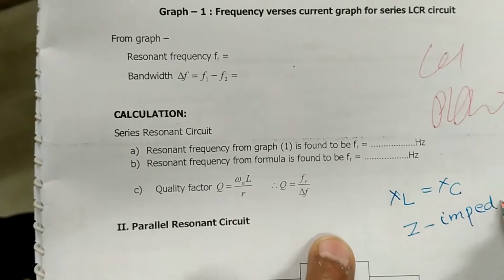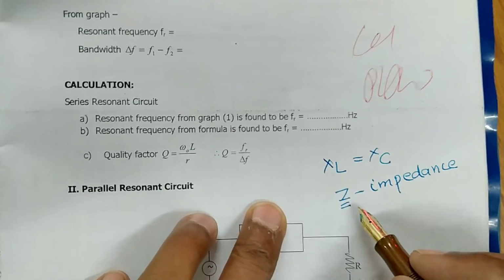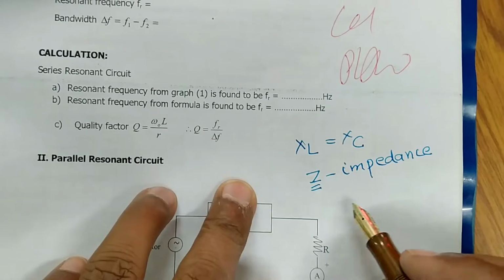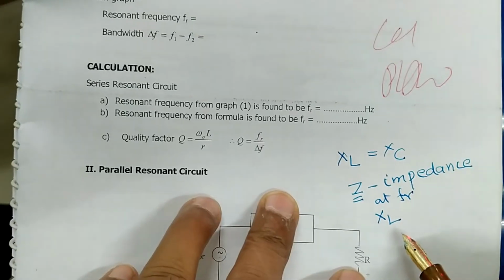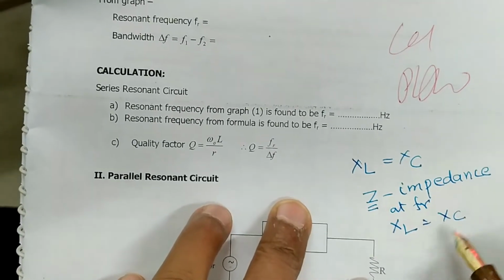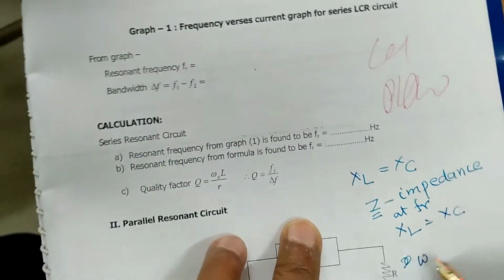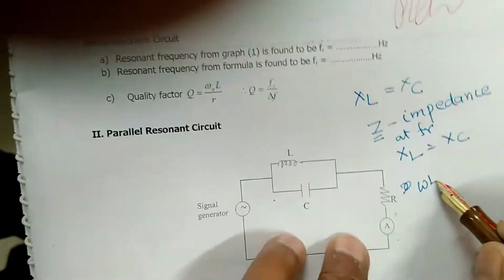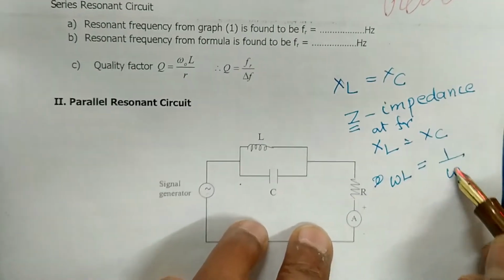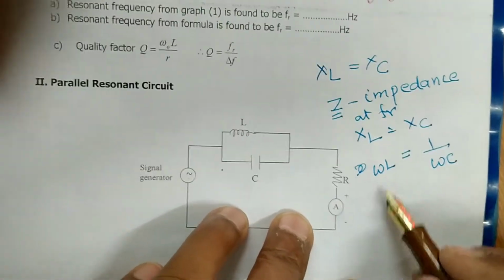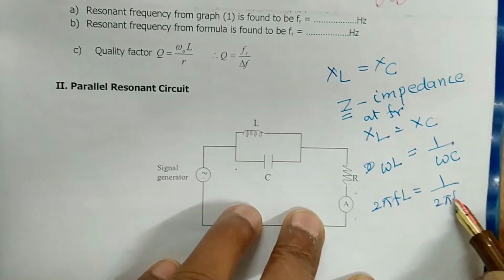The total resistance or reactance offered by the circuit is called impedance Z. In an LCR circuit, at resonance, or at the resonant frequency FR, XL is equal to XC. The inductive reactance is omega L, which is equal to 1 by omega C, since XC is 1 by omega C. Omega is 2 pi F, so 2 pi FL is equal to 1 by 2 pi FC.